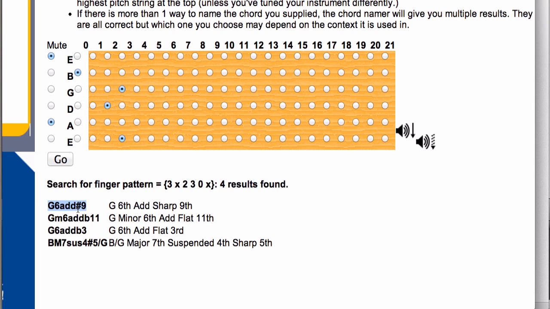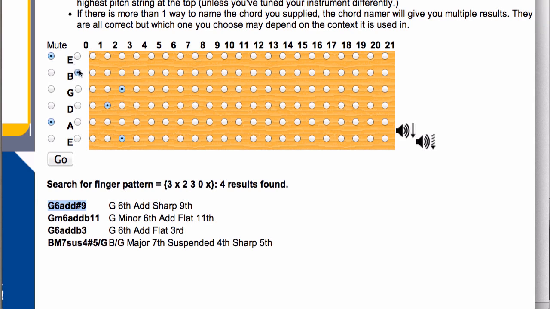G6 add sharp 9. Well, what's happening is we have the root, so this is the 1. Then we have the 3, which would make it a major chord. This B up here is a 3 of G. And again, all this is coming from a G major scale. Like it's in relation to a G major scale. So this is the 1 of a G major scale.